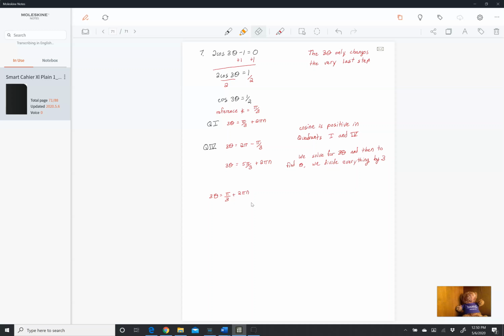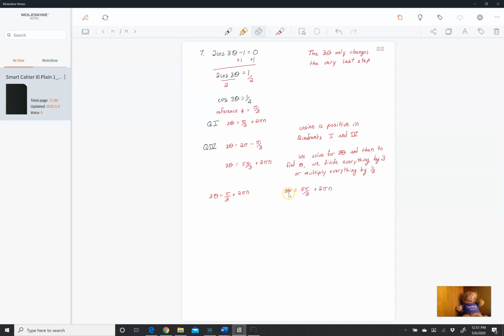Dividing everything by 3 is the same thing as multiplying everything by 1/3. That might be an easier way of looking at it in terms of the simplification. Okay. You also have 3 theta is equal to 5 pi over 3 plus 2 pi n.